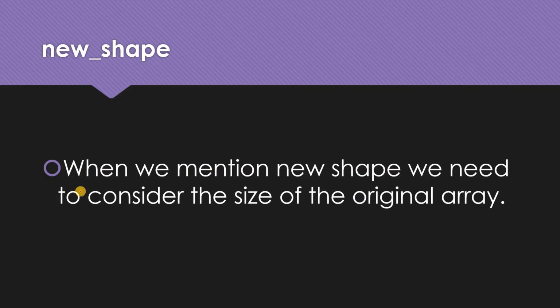When we mention the new shape, we need to consider the size of the original array. So basically, if the size of the original array is 10, then the shape can be, say, 2 comma 5, or it can be 5 comma 2. So if it is a 1D array, then you can change the shape to 2 comma 5 or 5 comma 2. Why did I say this? Because if 2 comma 5 is the shape, then the size should be 10, because 5 into 2 means there are 10 elements in the array.